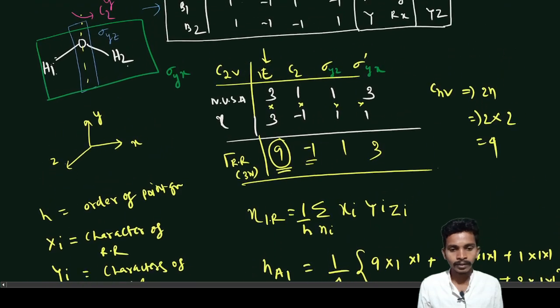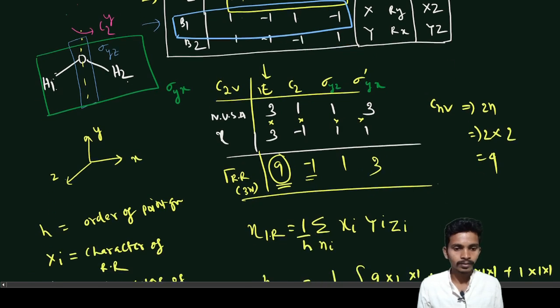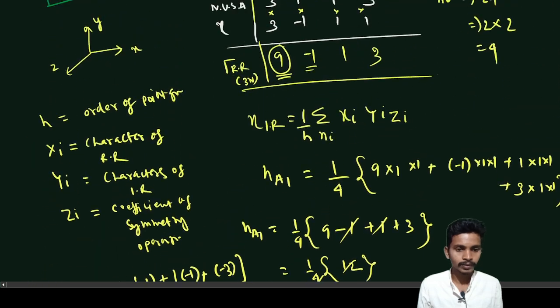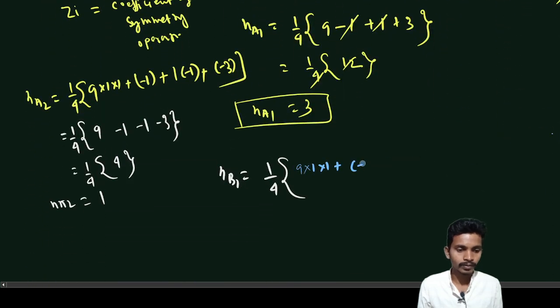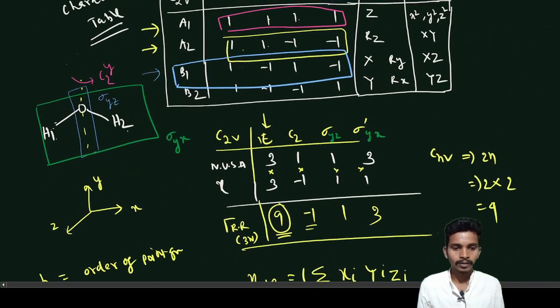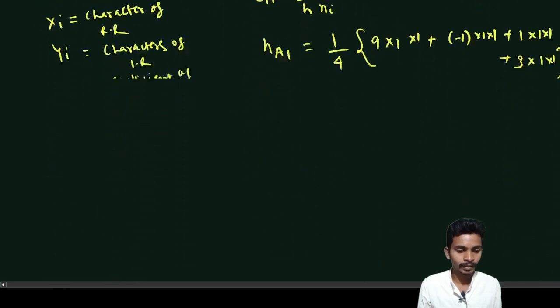9. After that, now we are looking at these characters. So 1 and 1, 1 into 1 plus next is minus 1, and these whole values are, this is minus 1 and 1.